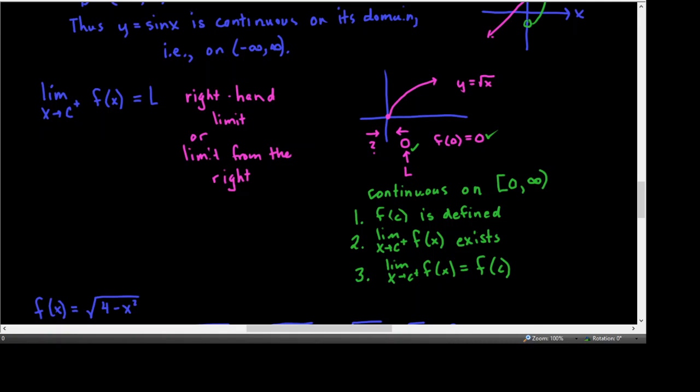The rest of it, because it's a radical function and we're not taking the square root of a negative number ever, will be continuous on its domain, including 0 now, because we have this one-sided limit.